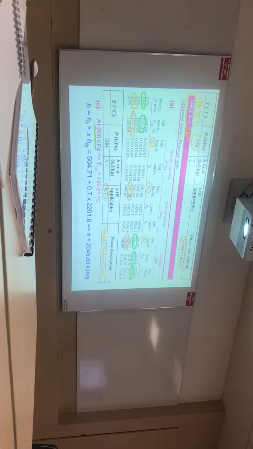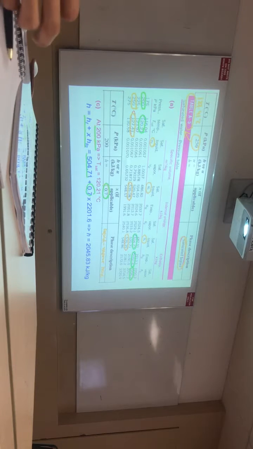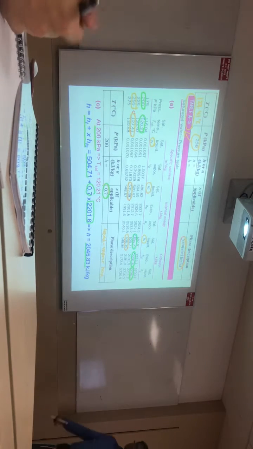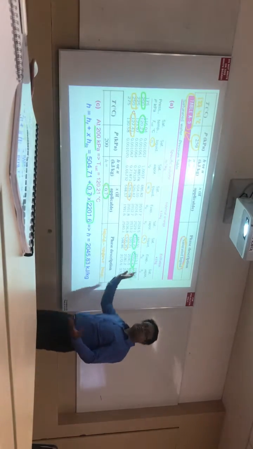Then my equation is H becomes HF plus X times HFG. HF 504.71, X is given 0.7, and HFG 2201.6. Then I find H is this value. Okay? Very straightforward.